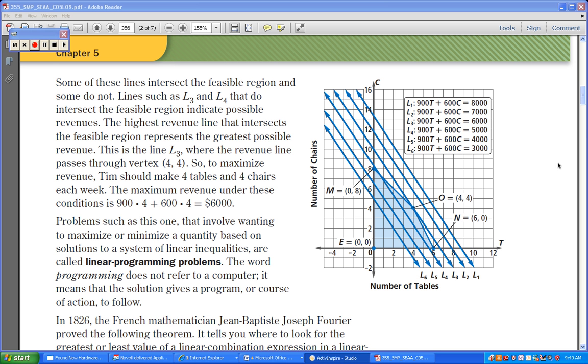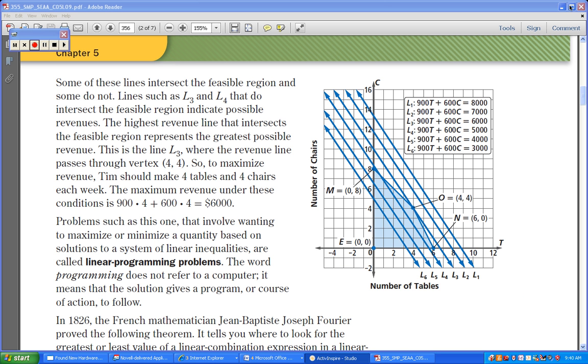Now, as a result of this, we don't have to graph all of these parallel lines. What you can do instead is just write an equation, and it looks like there's going to be 3 variables. We'll have that 900t plus 600c equals r. Since we know, from these super smart people who have plugged in lots and lots of equations to figure this out, that the maximum value is always going to happen at one of these vertices, we can plug in the 3 vertices, guess and check, and see which one gives us the most revenue.